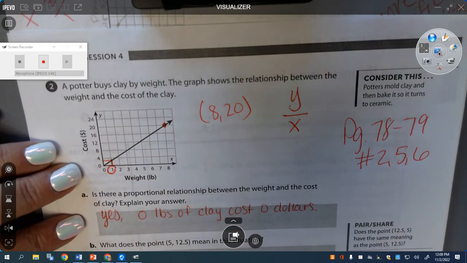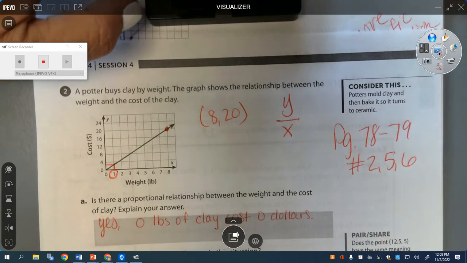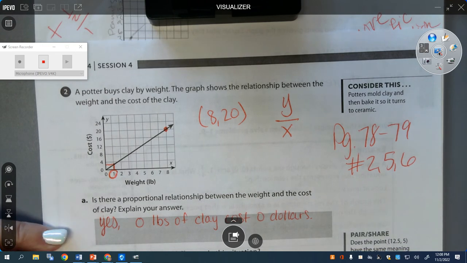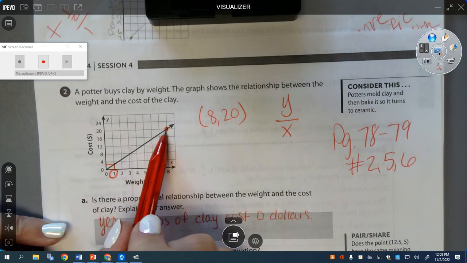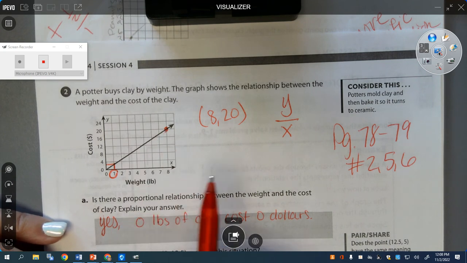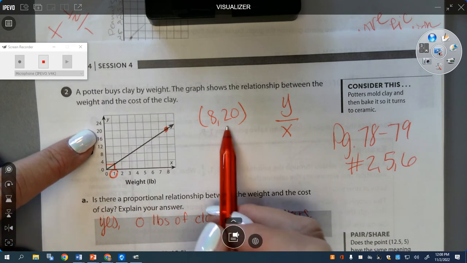Remember how we said that? But look, there's no number there. So, watch, pay attention. This dot right here is the only dot that's a good ordered pair, because that line crosses this coordinate, 8, 20.